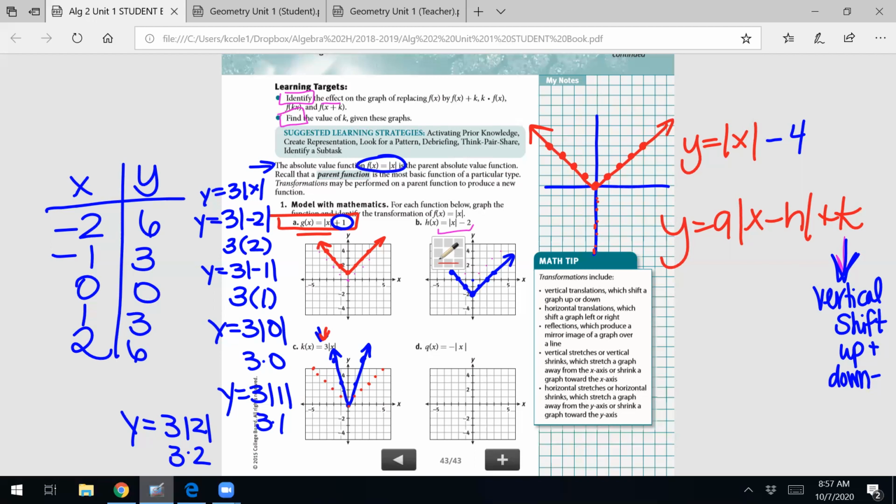That's what happens with slopes. If you're comparing a slope of 2 and a slope of 4, which one's going to be steeper? 4. Think about the slopes when you go skiing.